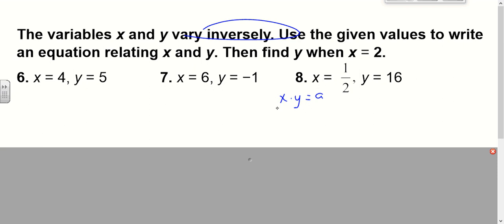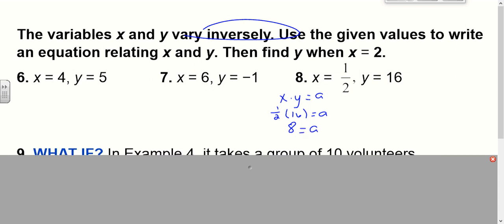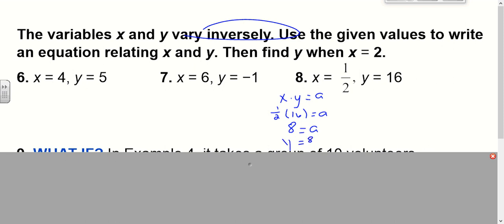Let's plug those in. 1/2 times 16 equals a. Well, half of 16 is 8, so a is 8. That right there helps me get an equation of y equals 8 over x. So that's the first thing right there, is that equation, because it says to go ahead and write an equation relating the two.